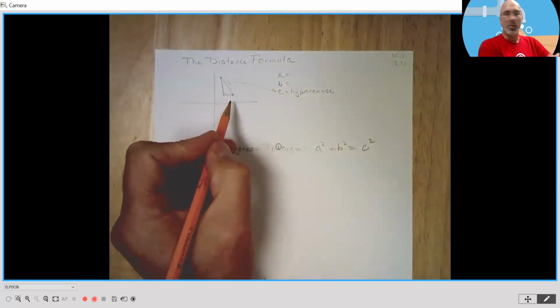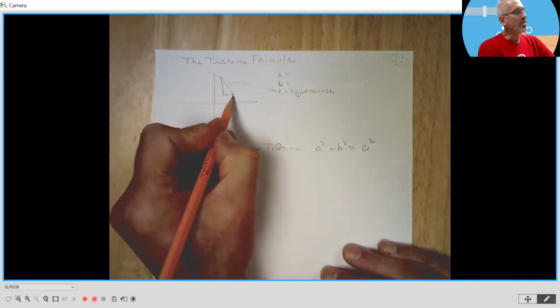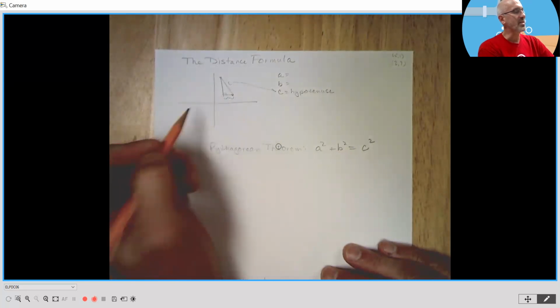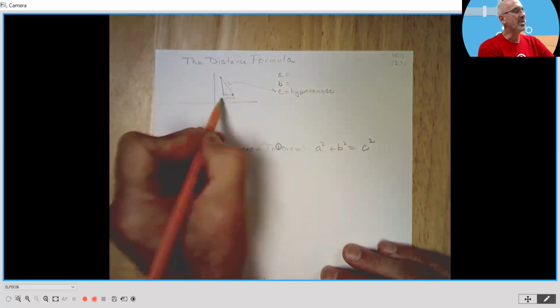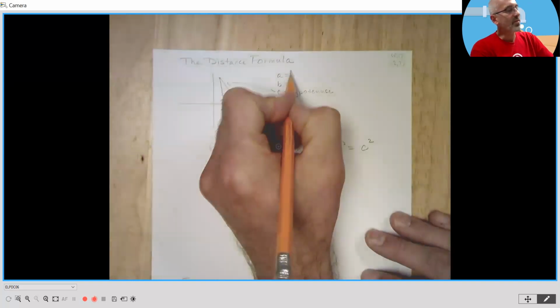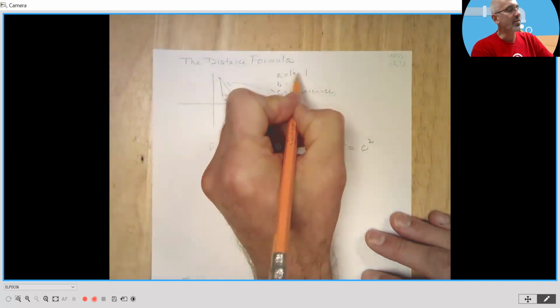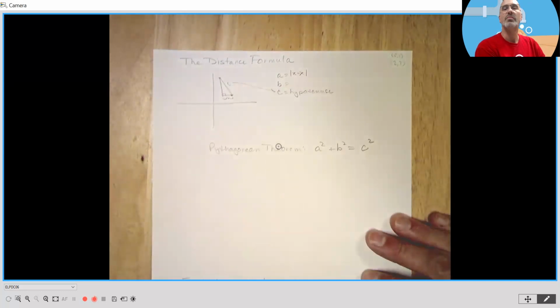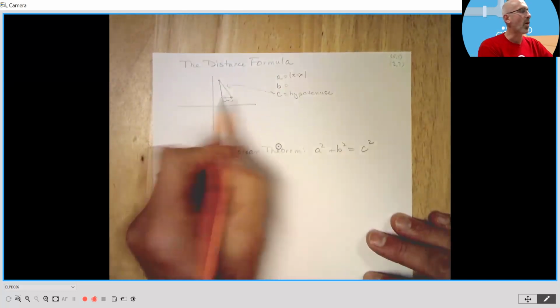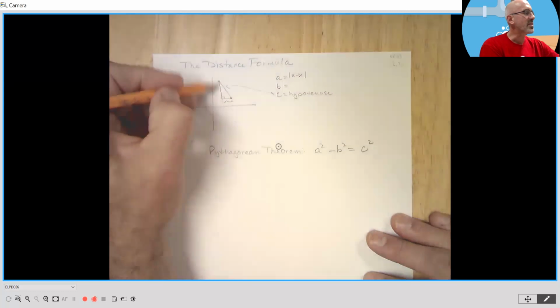Then we found this distance right here. This distance was the absolute value of the difference of the x values, because we had the same y value. This distance right here was the absolute value of the difference between the two y values.